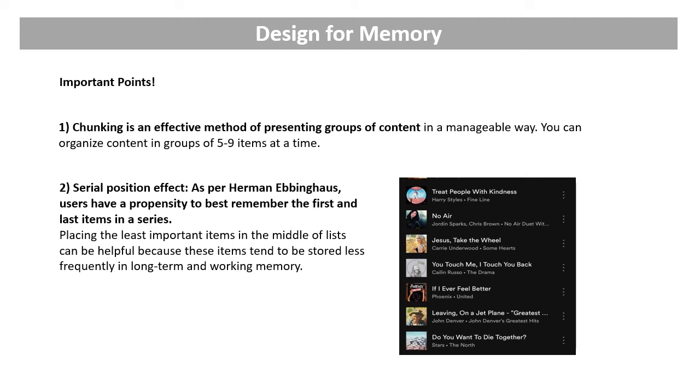Most likely you might select the first or the last of the songs in the playlist, or after you have gone through a few of them, the first or last compositions which you have heard, you would recall better than other compositions in the playlist. So these are a few of the important points related to memory. Whenever you are designing for memory, make sure that you have all these points as a thumb rule.